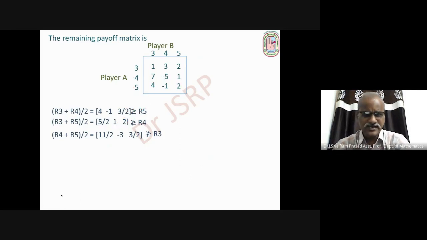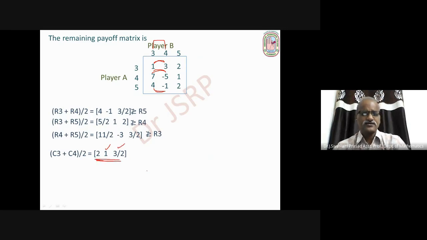Okay, next go for columns. Take the average of the first two columns, C3 plus C4. So 1 plus 3, 4, 4 by 2, 2. This is average 2. Next 7 minus 5, 2, 2 by 2, 1. Next 4 minus 1, 3, 3 by 2. So this is the average of columns.